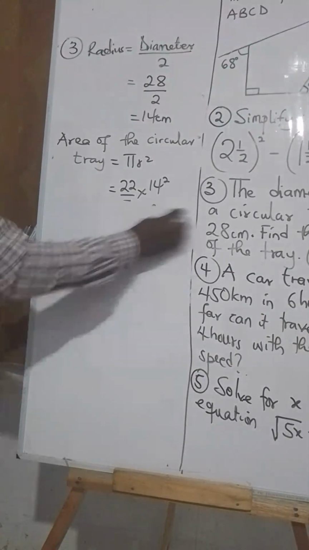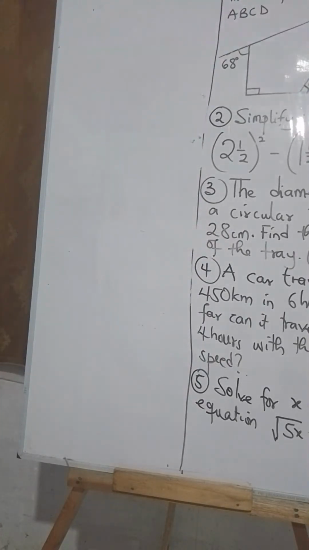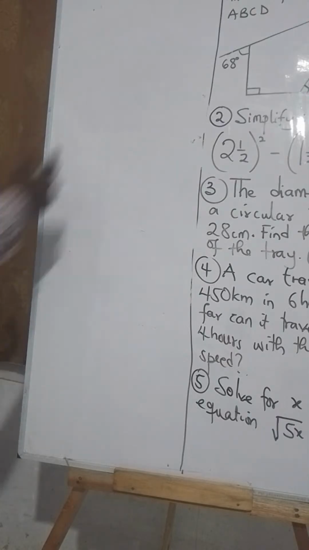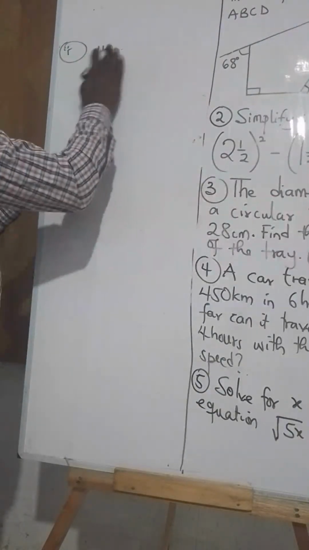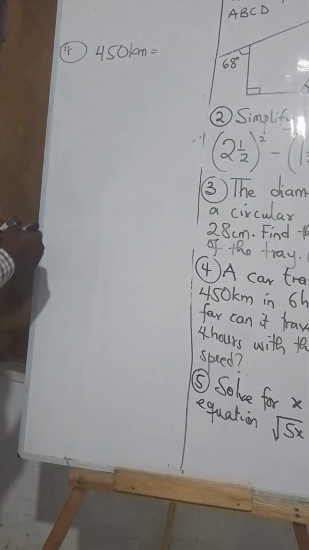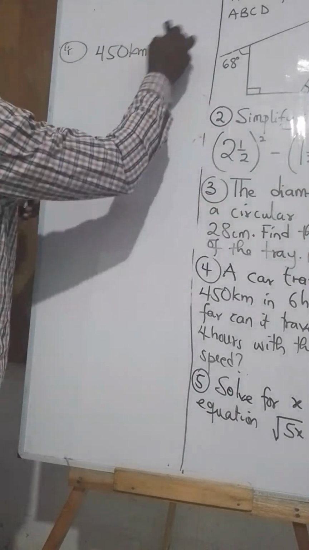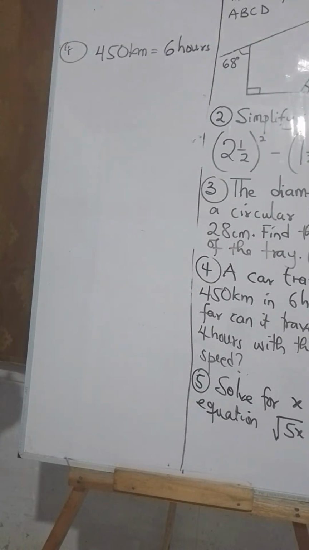So according to the question 4, we are having a car that travels 450 kilometers in 6 hours. How far can it travel in 4 hours with the same speed?